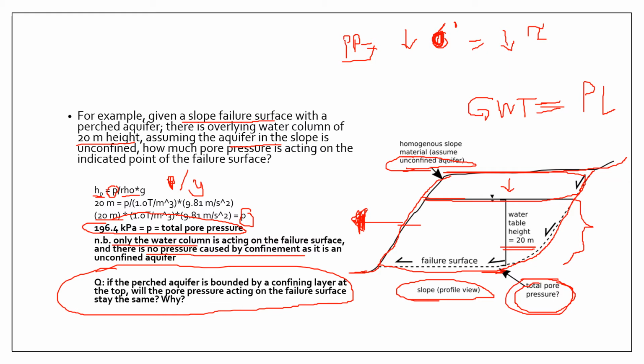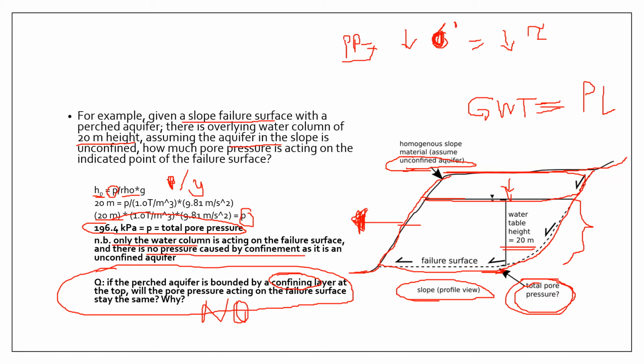You can imagine a balloon being pressed down, or a Tetra Pak of your favorite juice being pressed down. Of course, there will be an increase in pressure of the fluids inside, and you will be getting additional pressure due to confinement. So the pore pressure will definitely change. It will increase, so no.